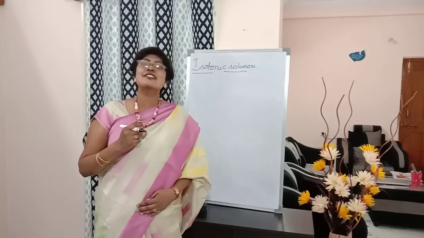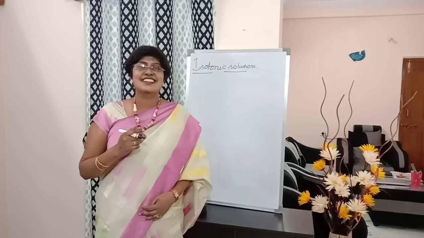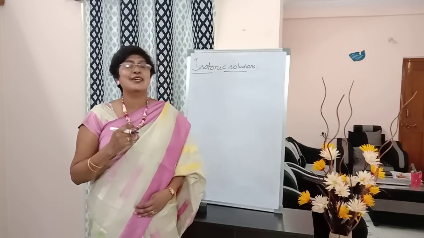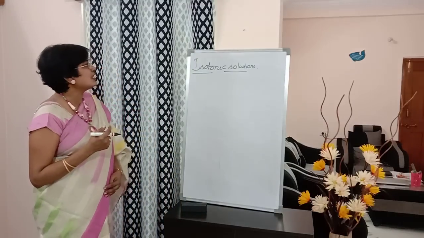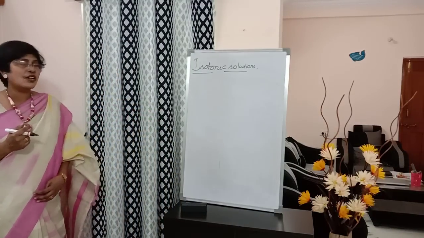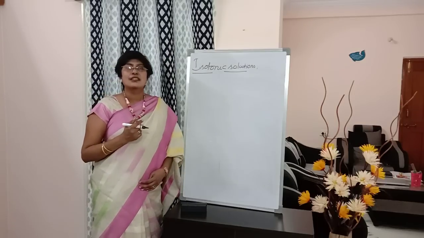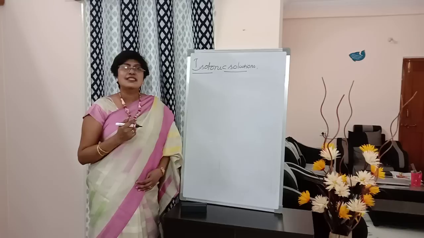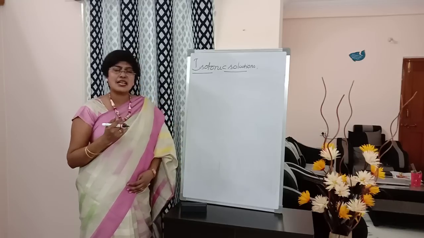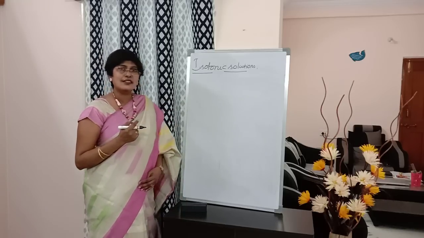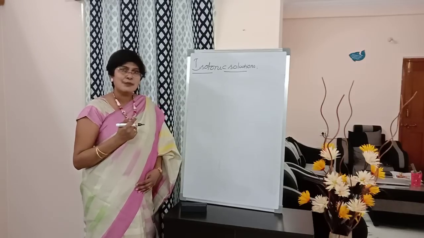Now tell me, what are isotonic solutions? Which have same osmotic pressure. Right. Now, the solutions having same osmotic pressure are called isotonic solutions. Okay, fine. Below write down, students.